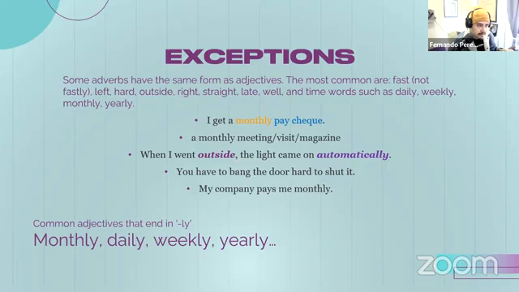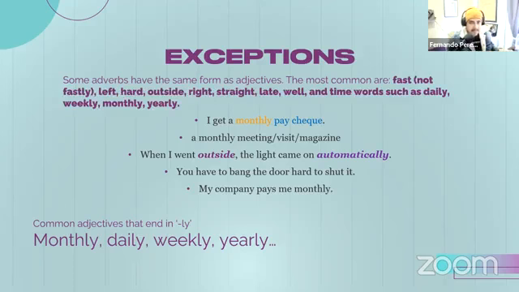The most common adverbs that don't need ly are fast, left, hard, outside, right, straight, late, well, and of course the rest over here. So the word outside and all these words don't need the ending ly.